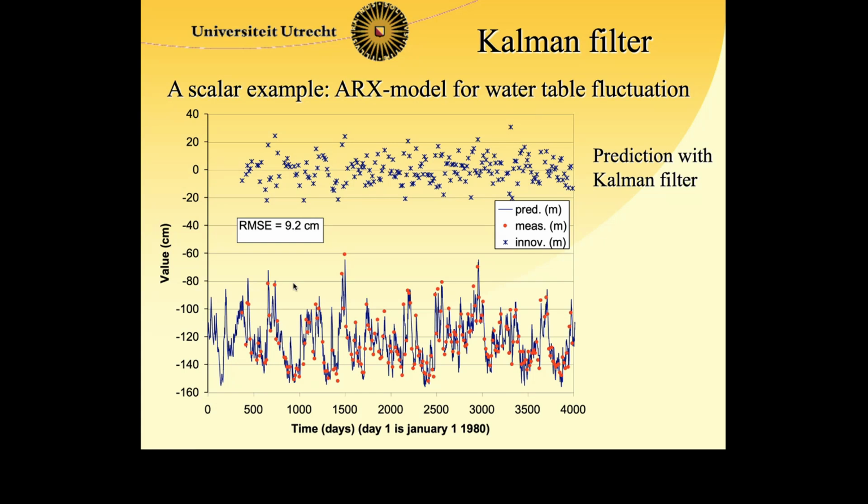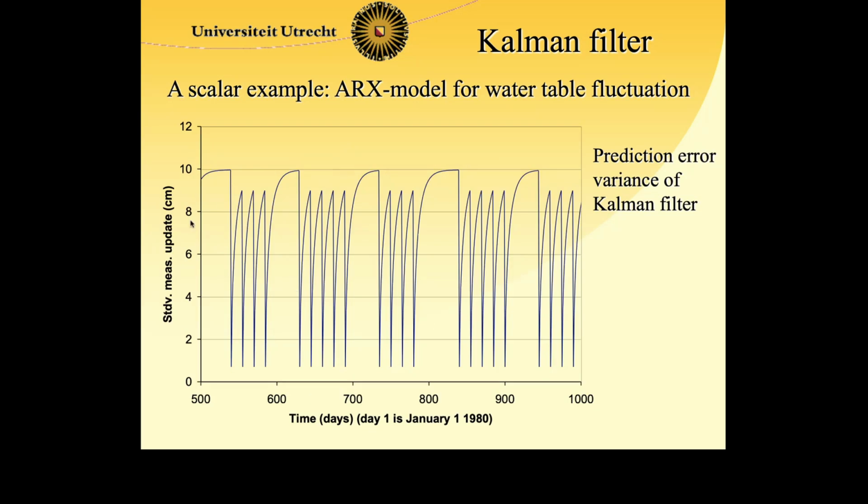Now, if we update every so many days, in this case we have every 2 weeks we do an update. What you can see is that the prediction error, this is basically the standard deviation of the measurement update.